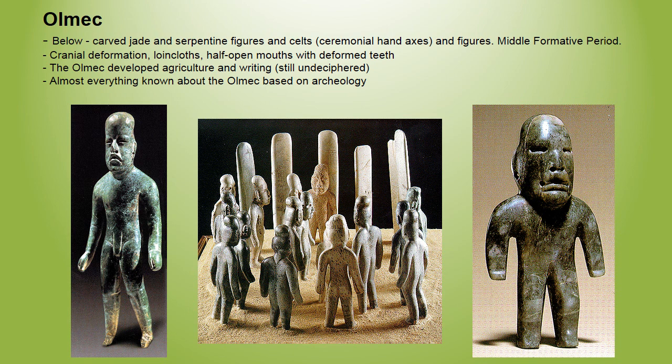And we can divide these early civilizations into different periods, and typically it's a formative period, which means they were just developing, or early formative period. The middle formative period would be when they were developed and thriving, and then there's typically a declining period as well. So these were created during that middle formative period when they would have been thriving.